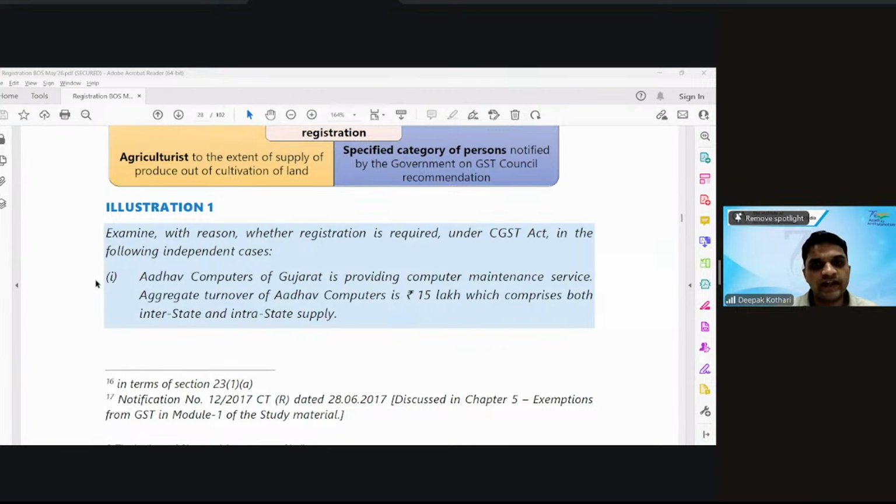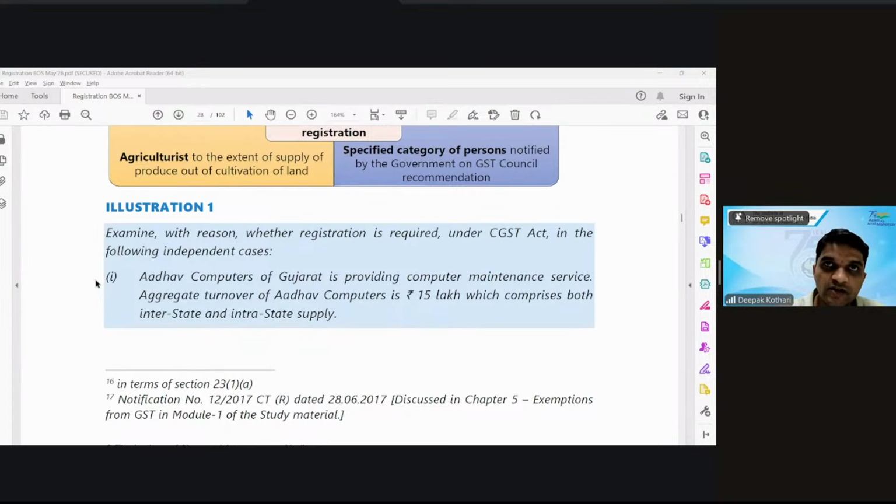No, threshold is 20 lakh. Required as it is interstate supply. That's another answer. Registration required as per section 24 because interstate supplier is required. Registration is not required. Okay. So basically two types of answers I'm getting.